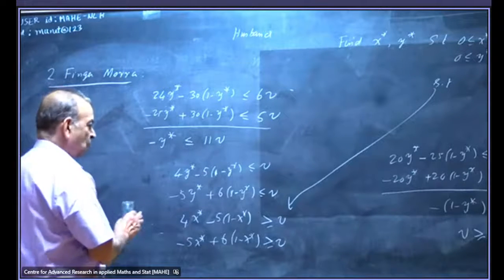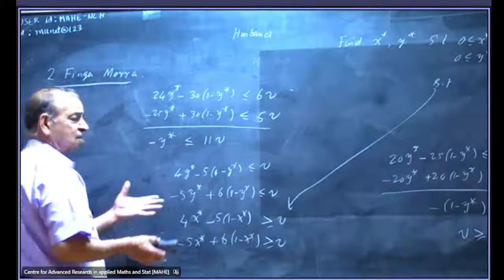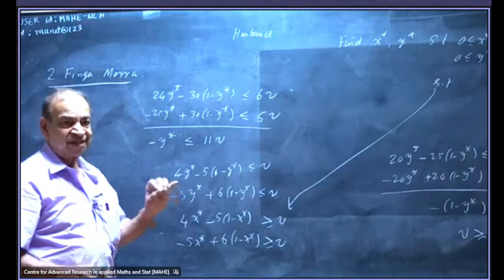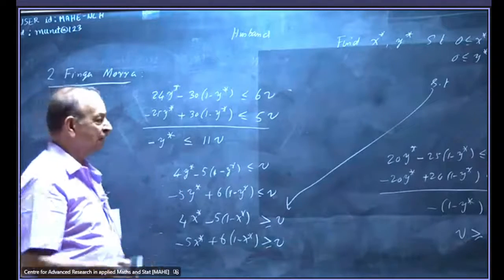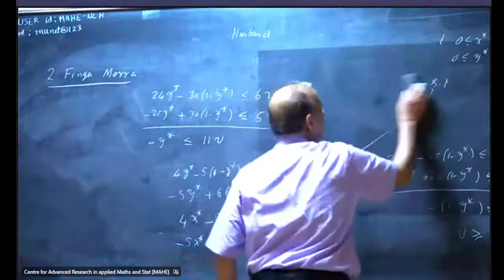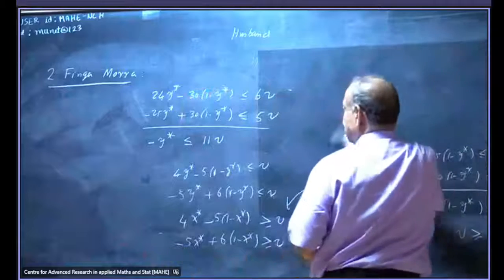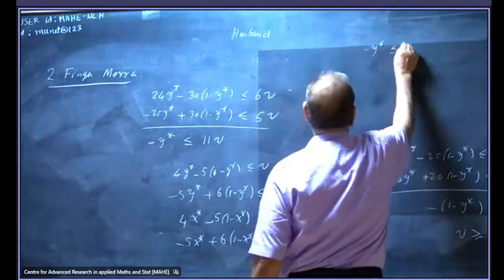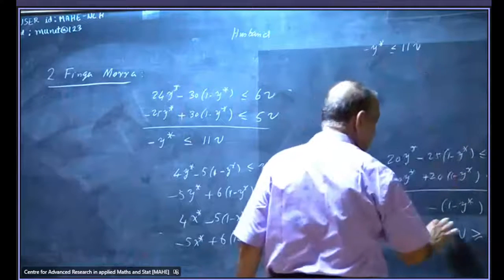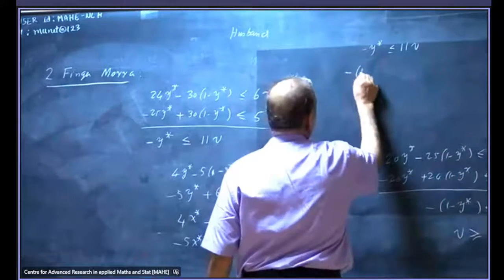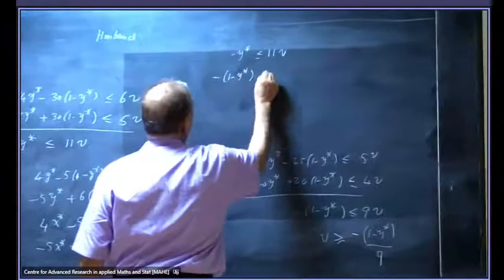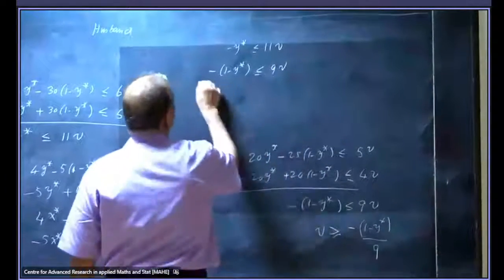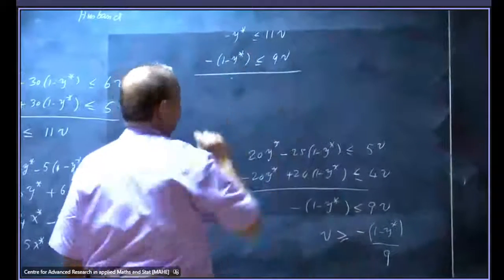Okay. So can I look at this extremely clear two-way example? Basically it is an inequality. So we know minus y star is less than or equal to 11b. This one says minus 1 minus y star is less than or equal to 9b. If I add these two, what do I get?